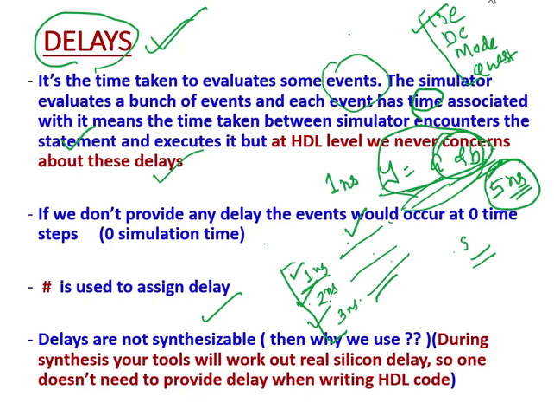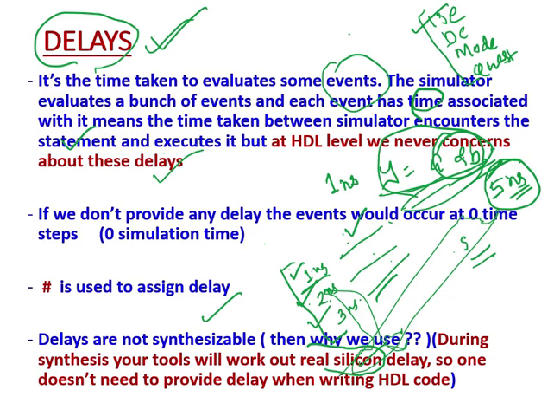See, during synthesis your tools will work out the real silicon delay. The real silicon, as I mentioned here, means the library that has been included inside your simulator. So that is called real silicon delay. So one doesn't need to provide delay when writing HDL code.